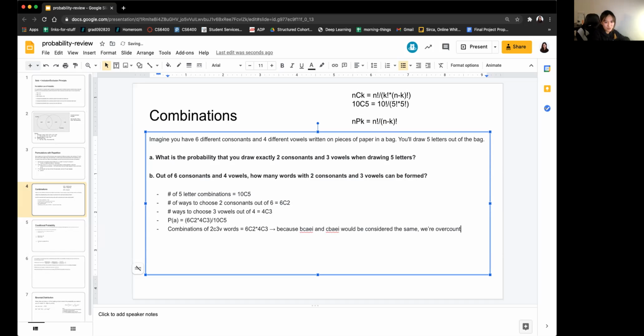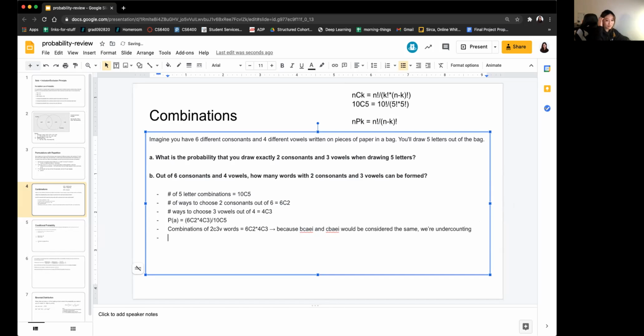That's what I'm trying to do. There we go. So therefore, we have to see for each set of 5 letters, how many ways can we arrange these to create unique words? I think that makes more sense.